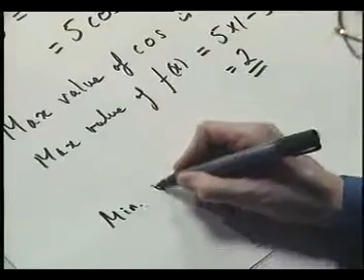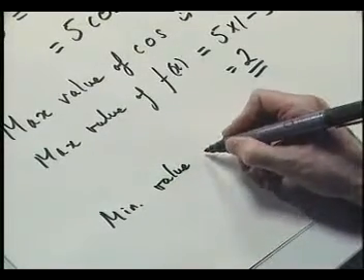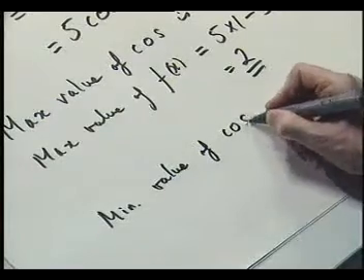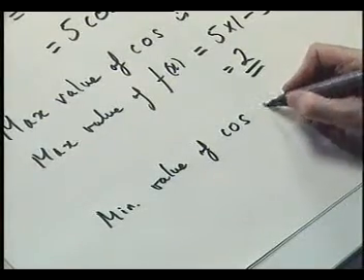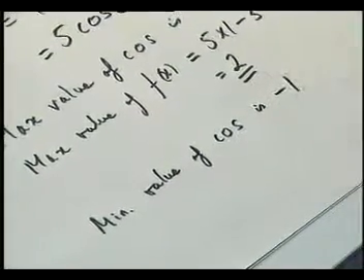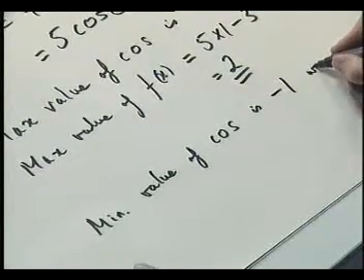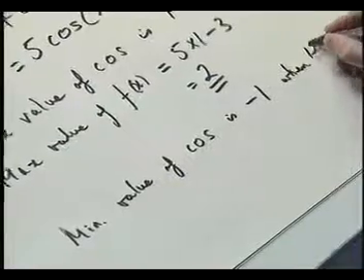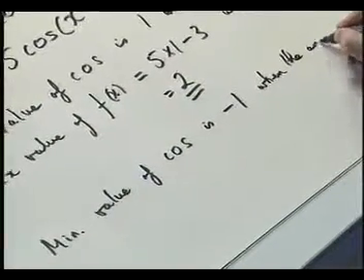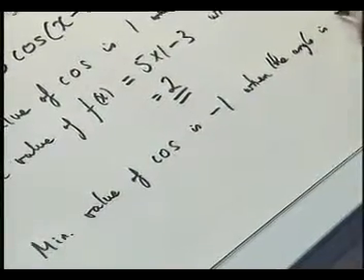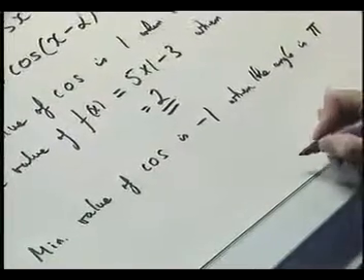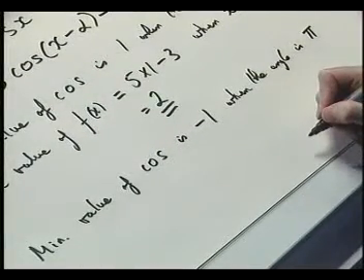What about the minimum value? The least value? Well, let's think about cosine. The least value of cosine is minus 1. Never goes any lower than minus 1. And when does that happen? That happens when the angle is pi, or 180.